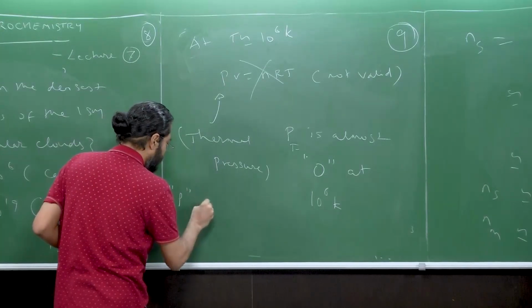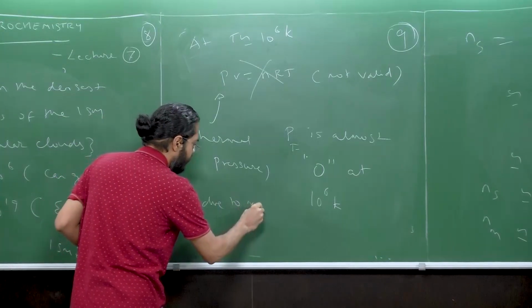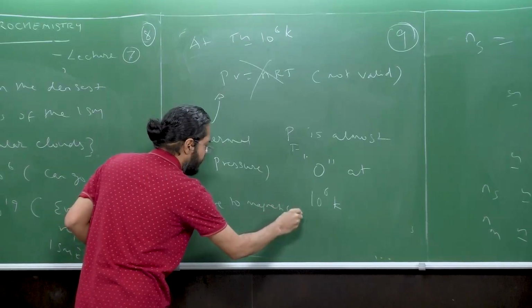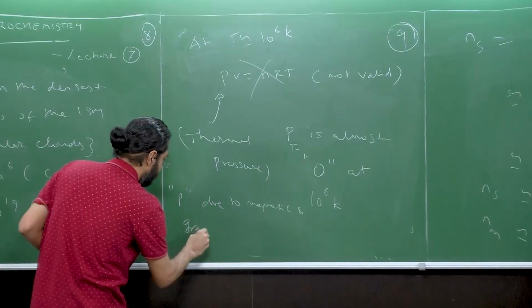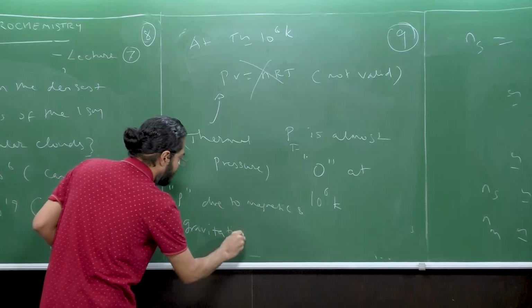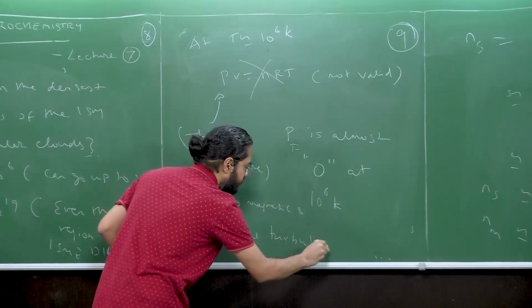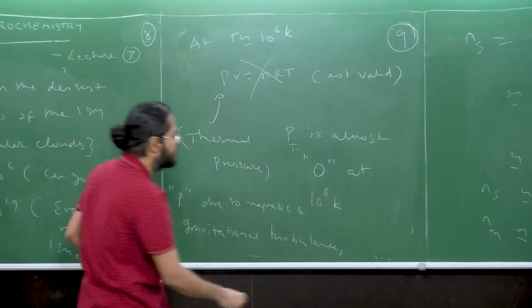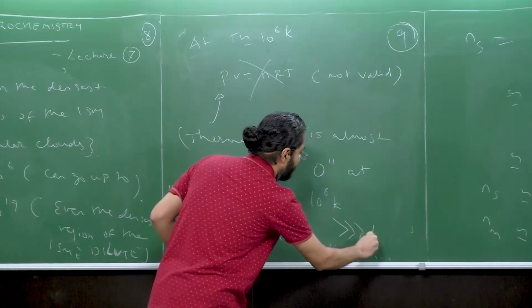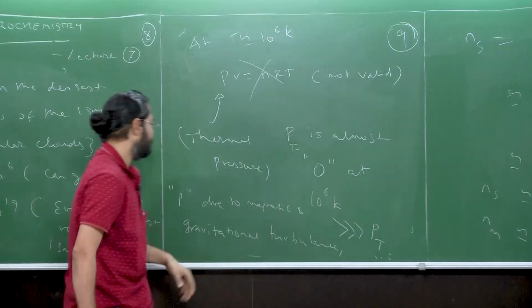P due to magnetic and gravitational turbulence is much greater than the P thermal itself. So please note this point.